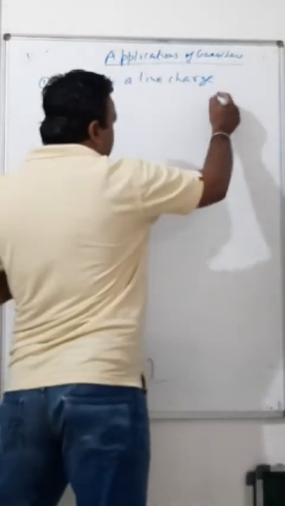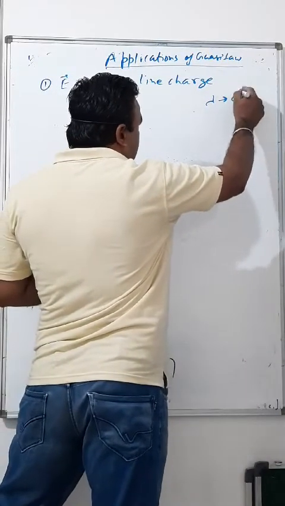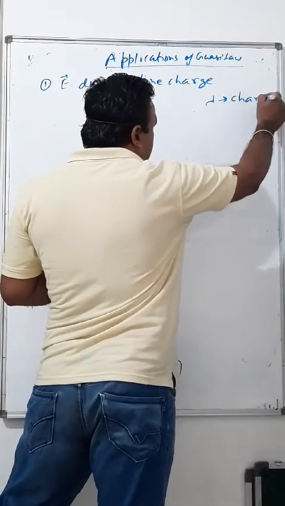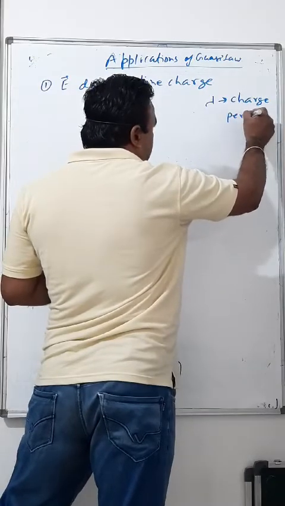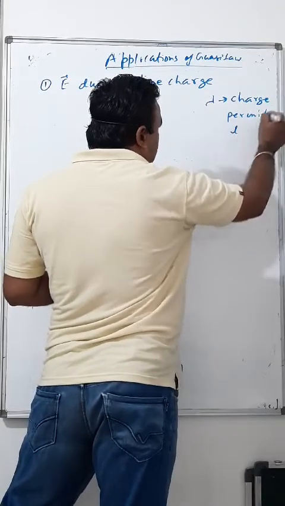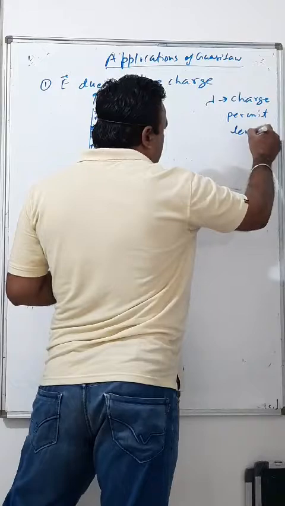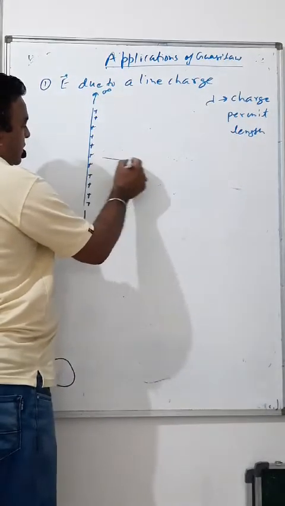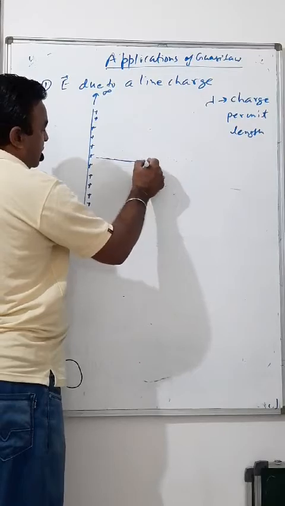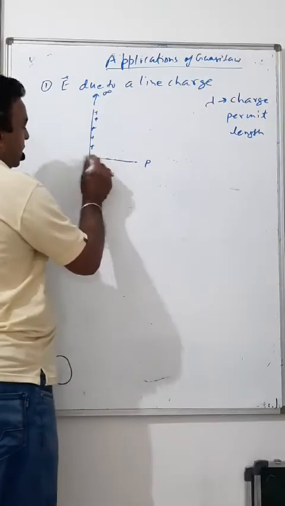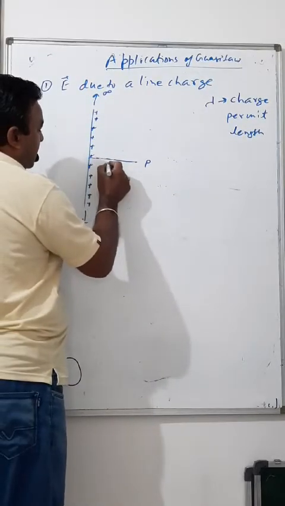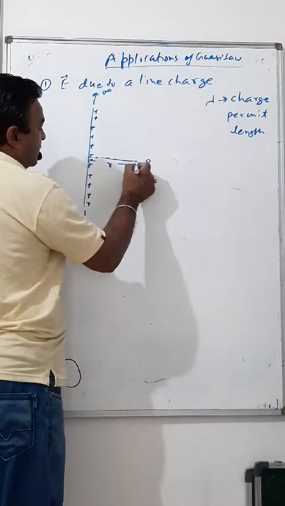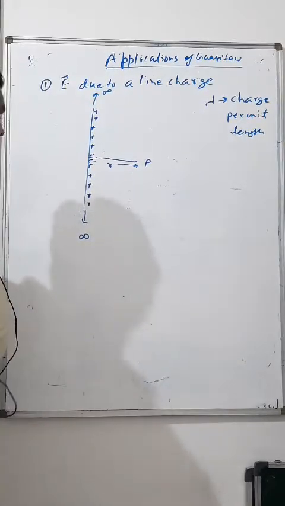It is lambda. Lambda is charge per unit length. Now, suppose we are interested in finding the electric field at this point, which is at a perpendicular distance r from this wire.